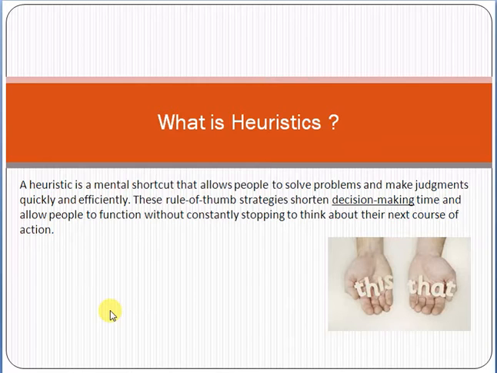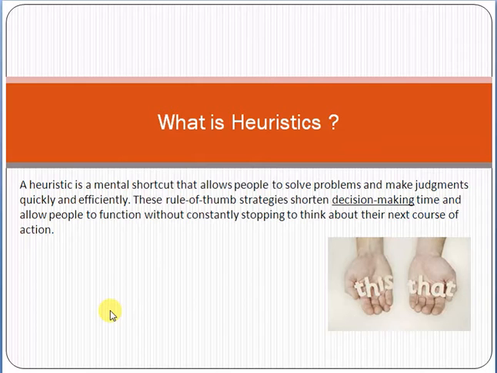So you have to take some decision. Normally, our mind is very efficient, it takes the decision very efficiently. So that is called the concept of heuristics. So that is the main action.